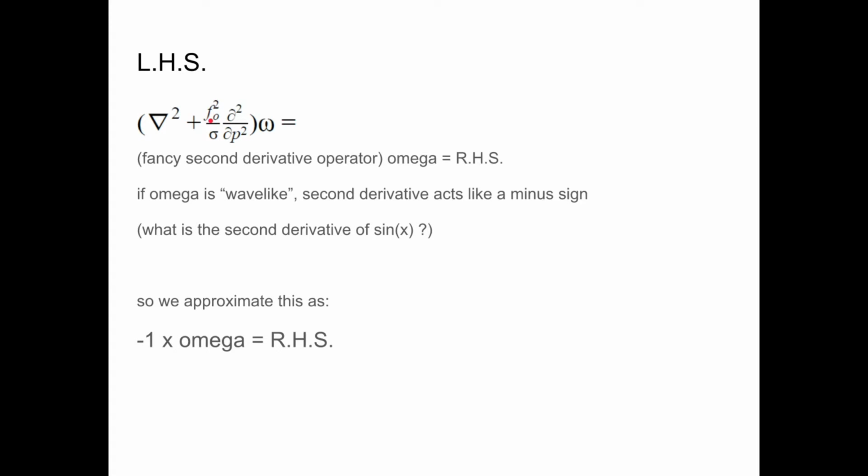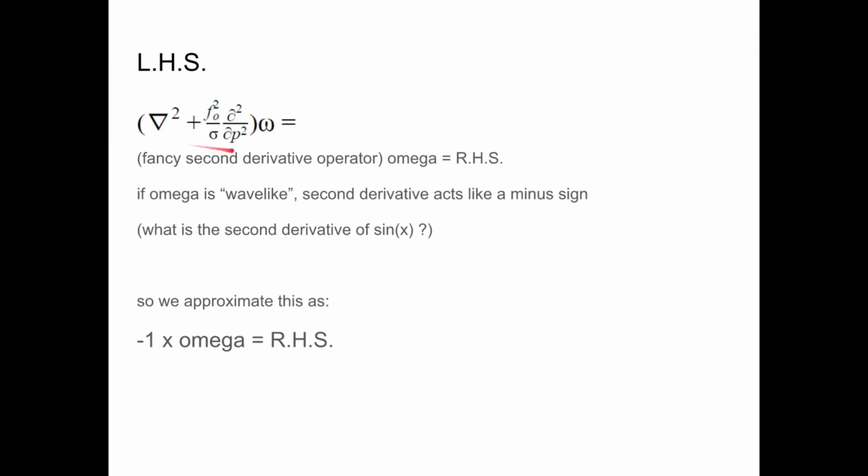And f naught squared is a positive number. Sigma is also positive if the atmosphere is stable. So this is just a positive constant that's multiplying this second derivative in the vertical. And this is basically a 3D second derivative operator. You sort of think of it as a fancy second derivative that's operating on omega.